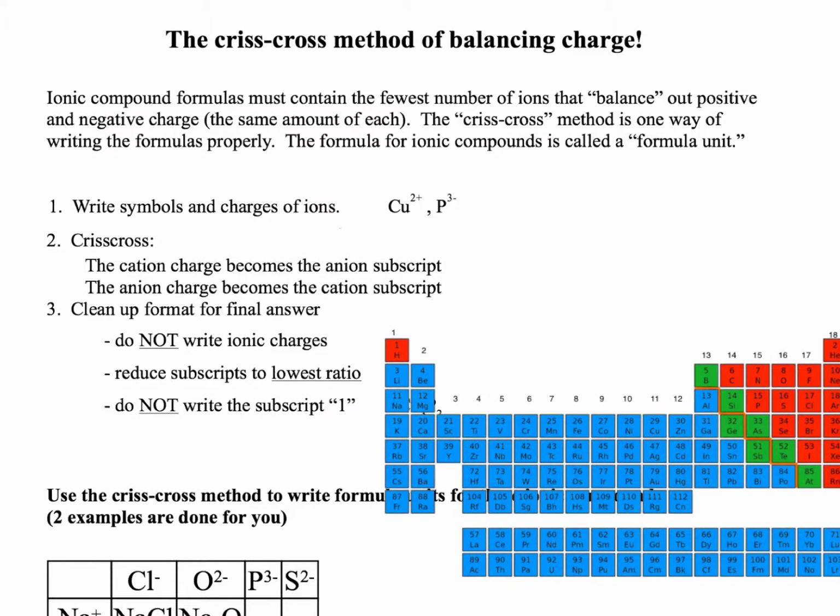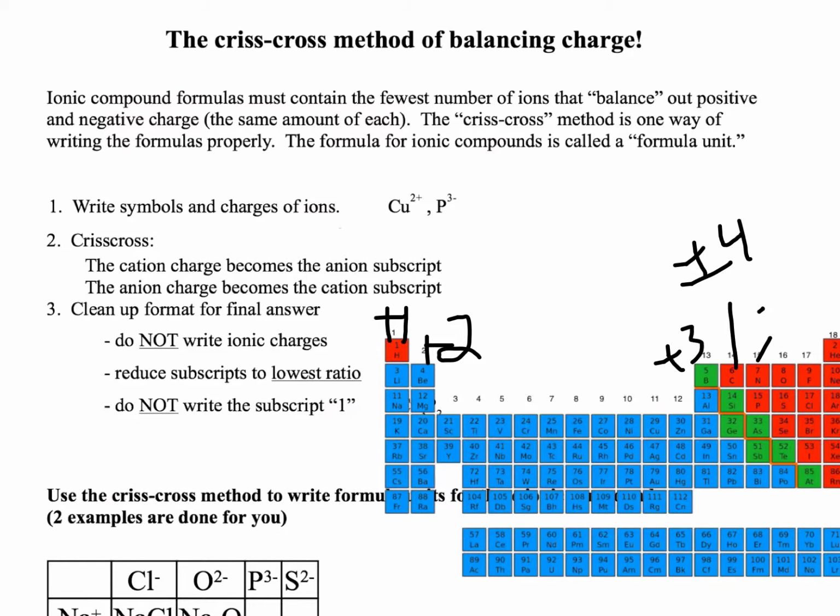So if I'm looking at anything that is in the first group, group 1A, everything there forms a +1 charge. Everything in group 2A forms a +2 charge. 3A is +3. 4 is plus or minus 4 because they're kind of in the middle as far as when they form electrons to form that stable octet.